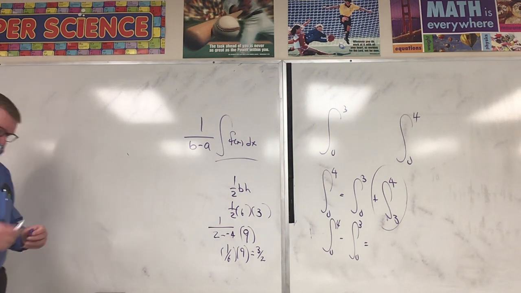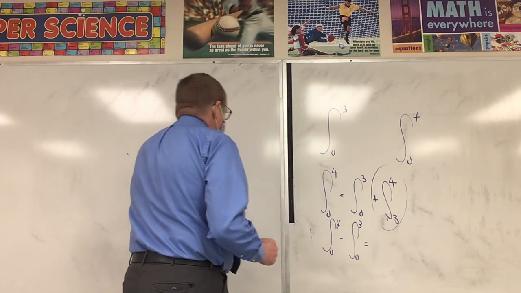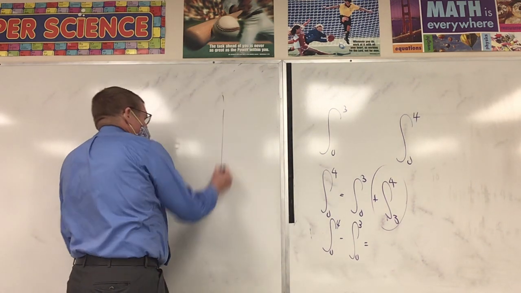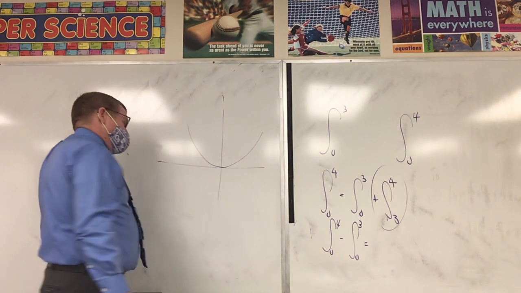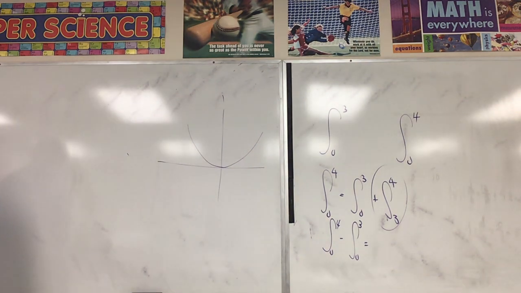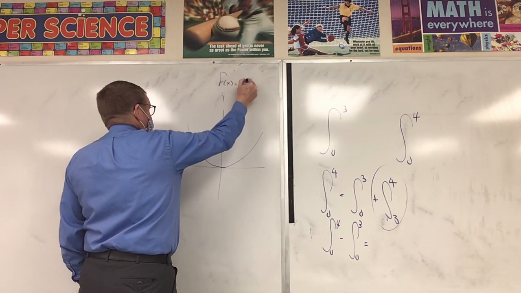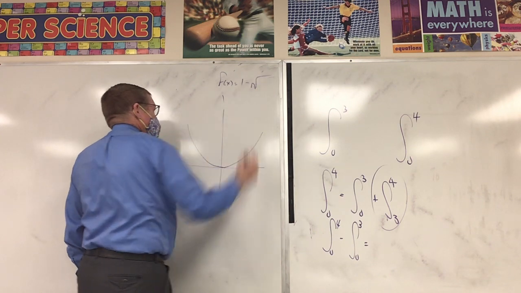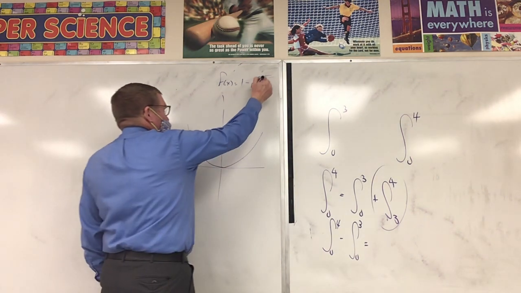Look at number 16. I have this diagram, which is f of x equals 1 minus the square root of 1 minus t squared.